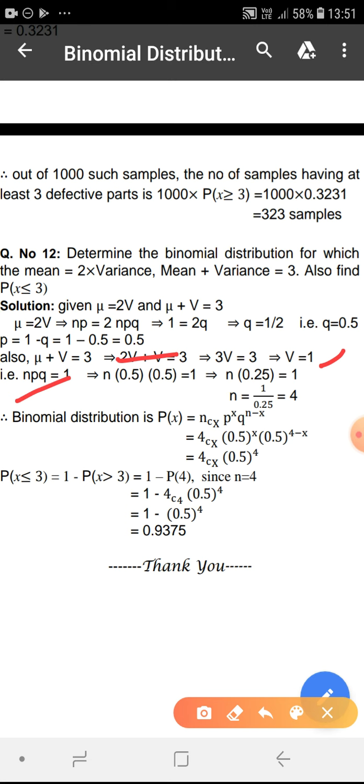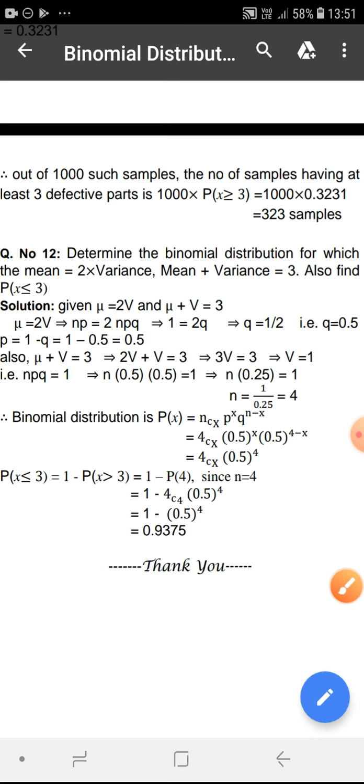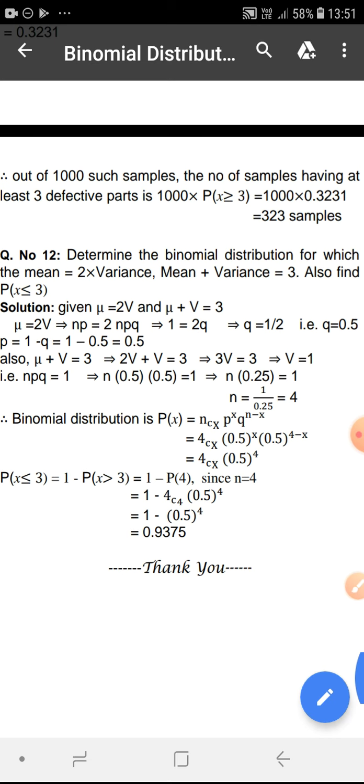In this, p is 0.5, q is 0.5. So n into 0.5 into 0.5 is 1, which will give n into 0.25 as equal to 1, or n will be equal to 1 by 0.25, or equal to 4. Now we have n as equal to 4, p as equal to 0.5, q as equal to 0.5.